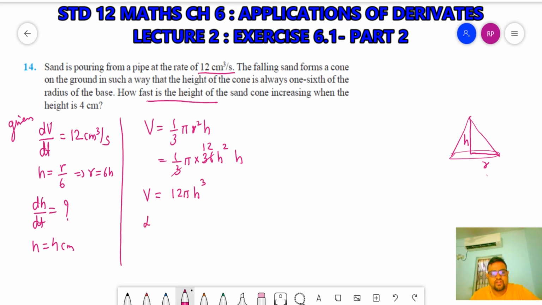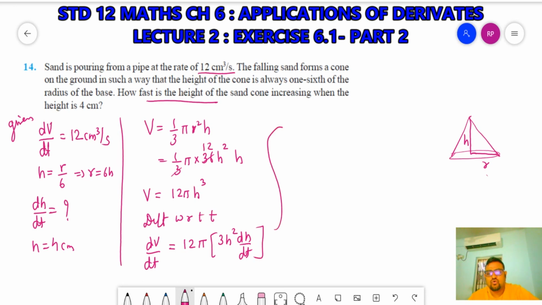Now differentiating with respect to time, dv by dt will be equal to 12 pi into 3h square into dh by dt. Putting down the value of dv by dt, that is given, 12 pi into 3 h square. What is h? 4. So it will be 4 square, 16 into dh by dt.